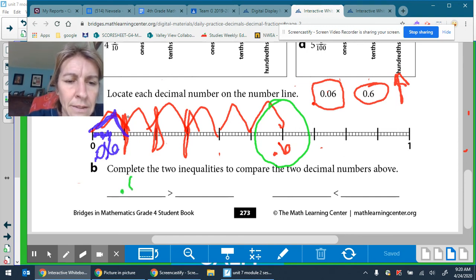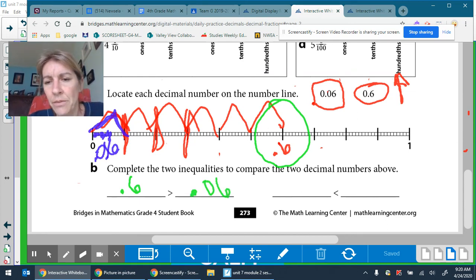So 0.6 is greater than 0.06. And if we change it around, don't be confused. You're still eating up the greater one. So 0.6 would go here and 0.06 would go here.